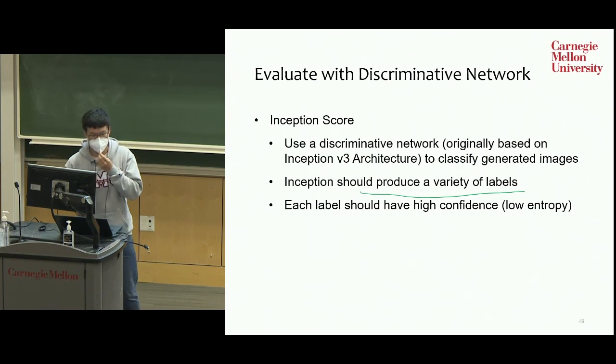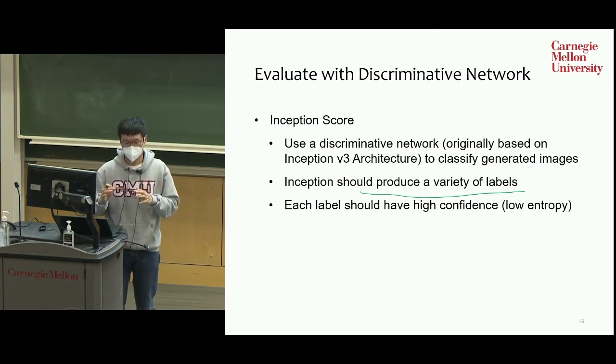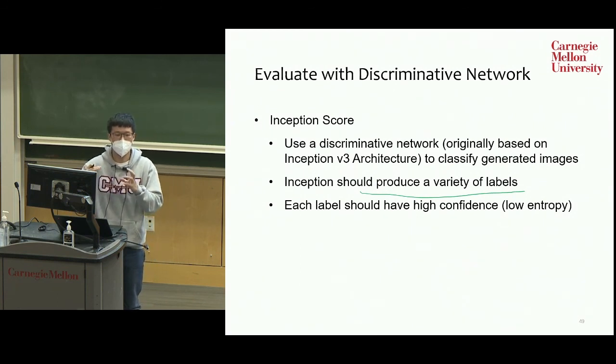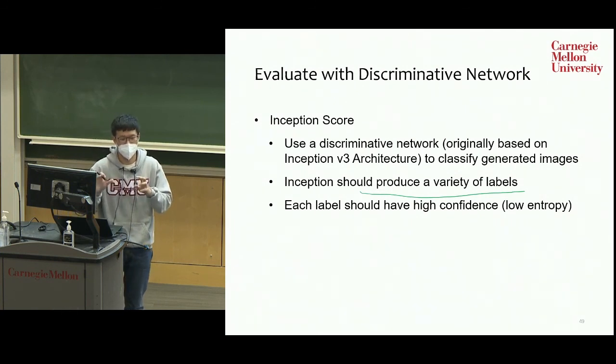That means your generated images should be classified as some class with certainty, instead of being more or less random images, or an image of, let's say, two classes spliced together, so that the network will not be confident enough to classify the image as a single class.